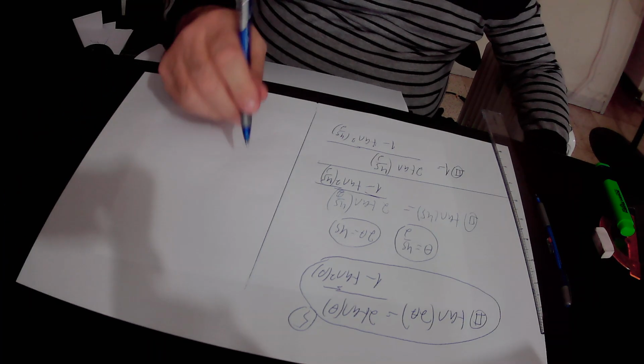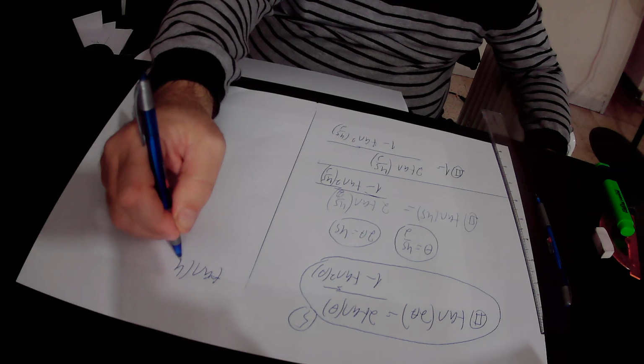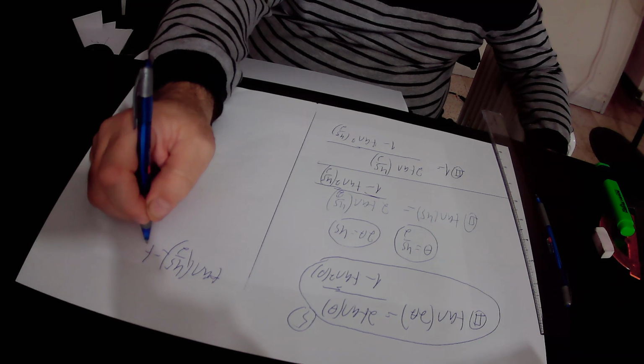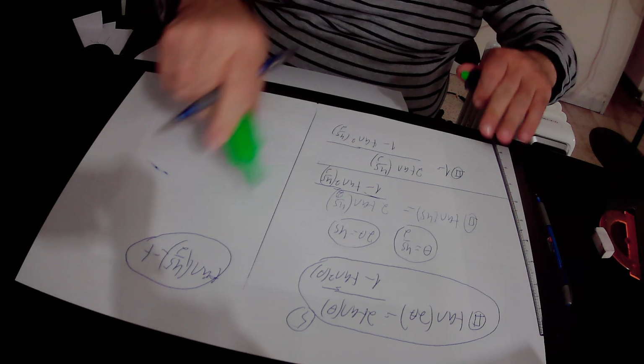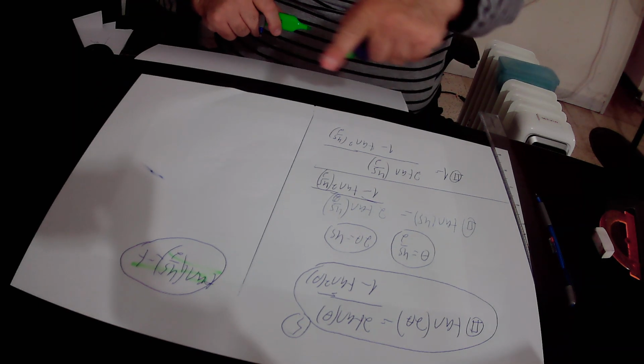Here we will define tangent 45 over 2 degrees as t, and we will substitute tangent 45 over 2 degrees in this equation number 2 by t.